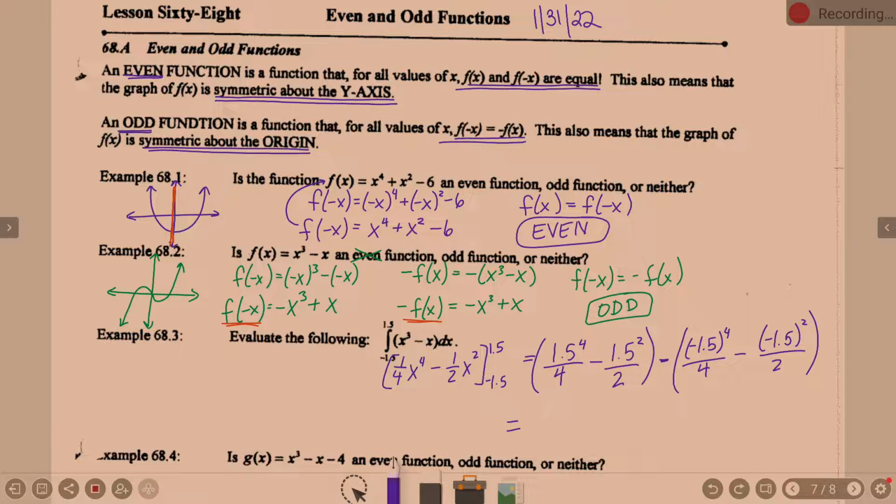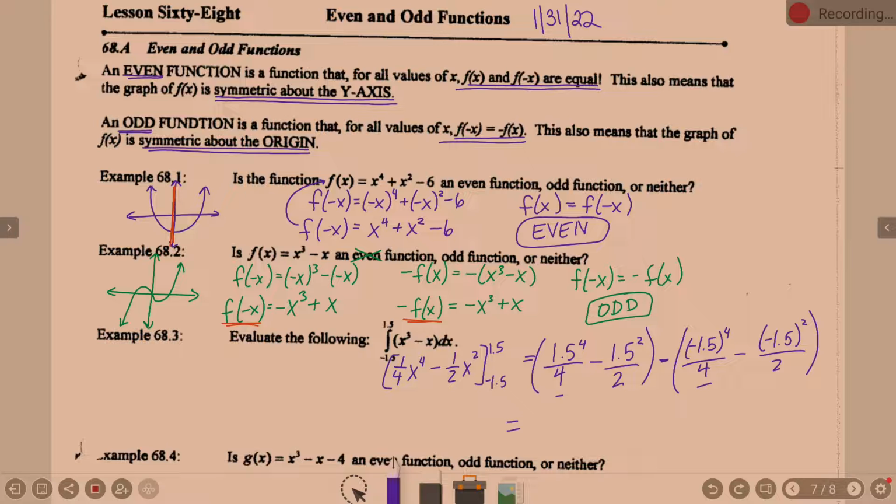Okay guys, 1.5 to the 4th divided by 4. What do you know about negative 1.5 to the 4th? Oh my goodness, it's the same thing. It's going to be a positive, right? Negative 1.5 to the 4th is the same thing as a positive 1.5 to the 4th. So what's going to happen with these guys? 1.5 to the 4th divided by 4 minus, well, he's going to become a positive, right? So those are going to end up canceling.